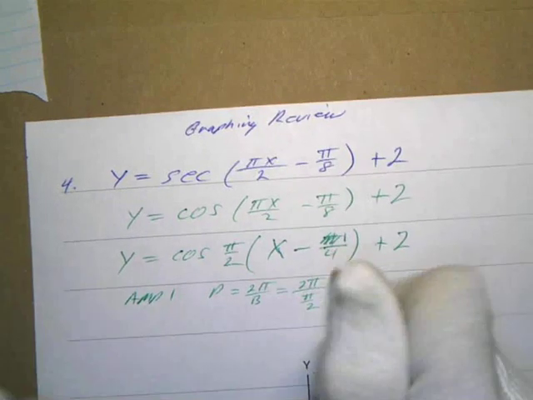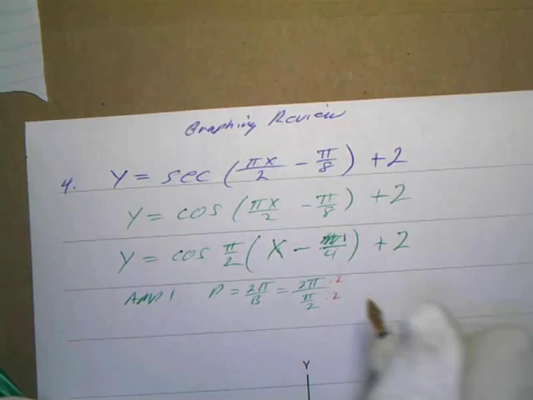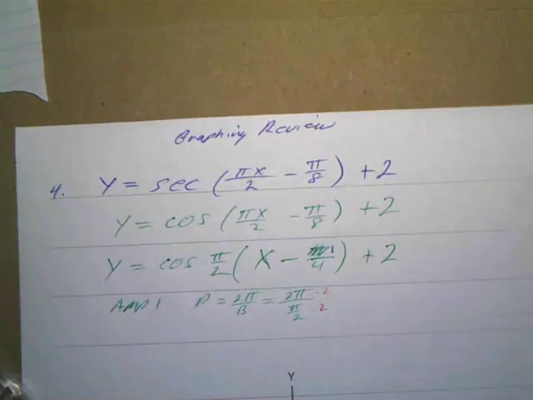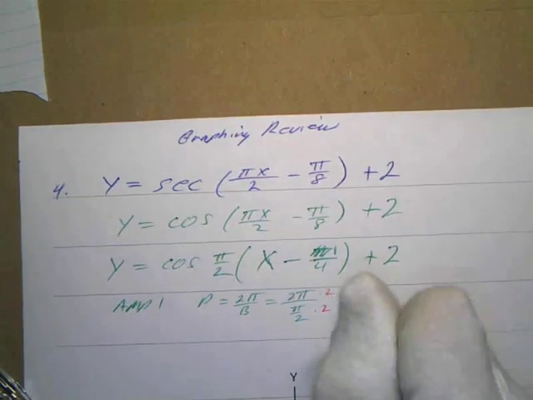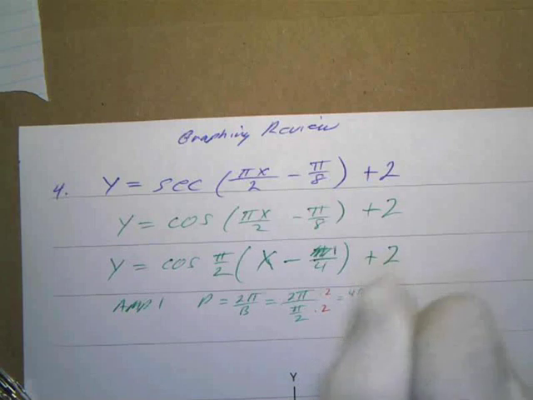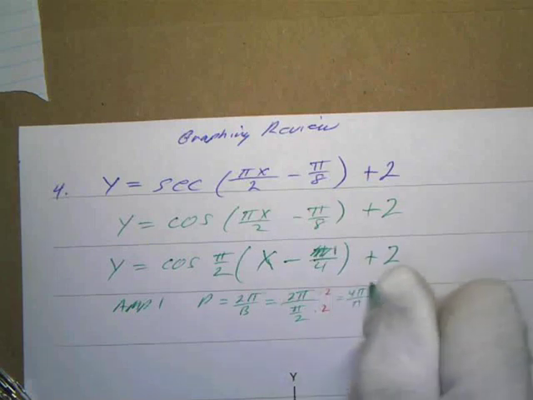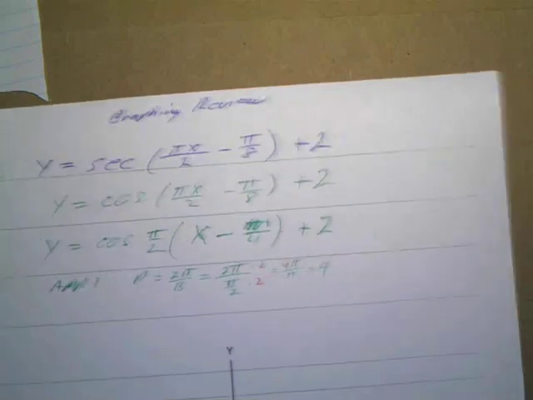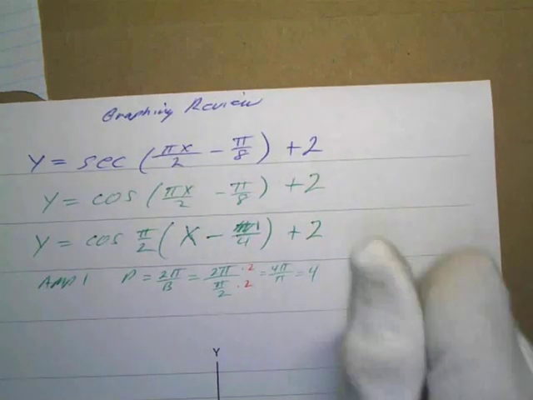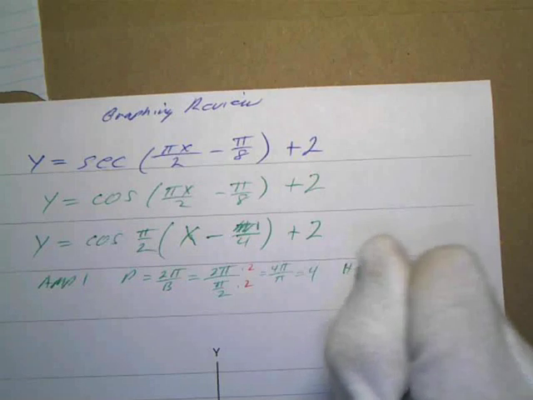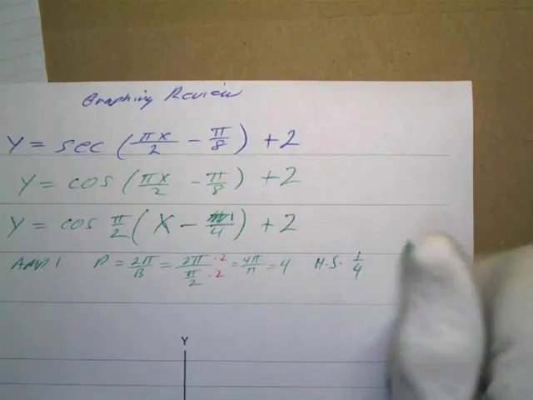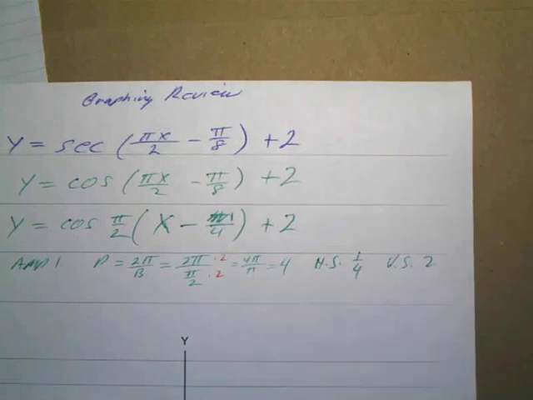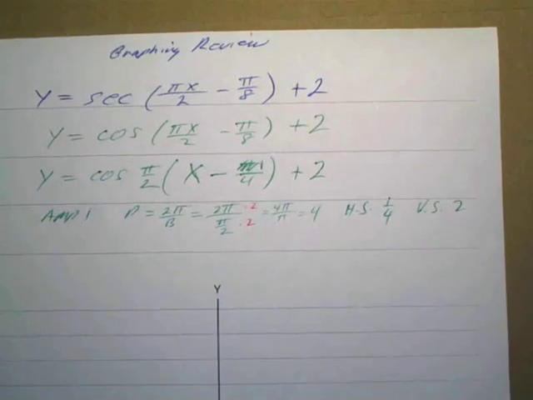If I multiply the top and the bottom by 2, I end up with 4 pi over pi, which is just 4. So my period's 4. I've got a horizontal shift of 1/4 and a vertical shift of 2. So that's what's all going on there.